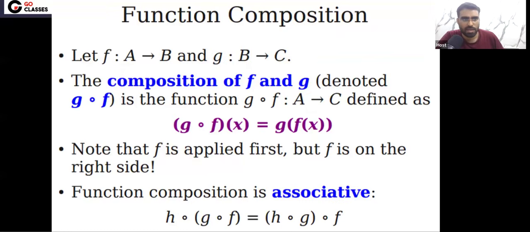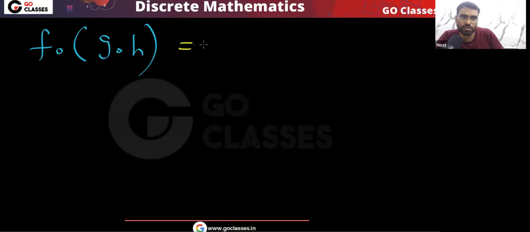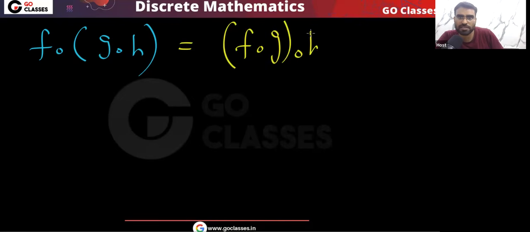Now, one more thing. This function composition is associative. Associative means if I ask you what is fogoh, that will be the same as fo(goh).